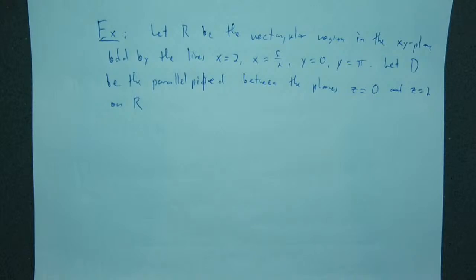Okay. So we have a rectangular region R. We have the plane z equals 0, that's the xy plane, and z equals 2 is the plane at z equals 2. But just over R, that forms this rectangular prism in space.